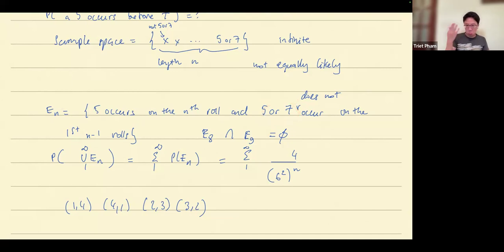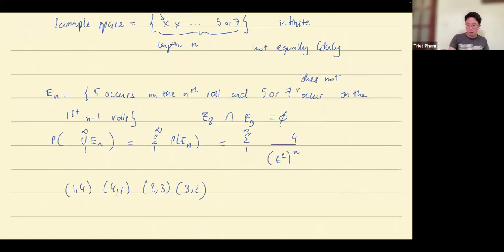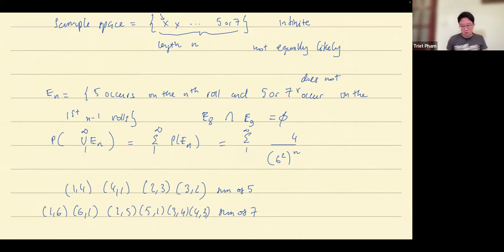How many can that be? Well, a sum of 7: you have 1, 6, 6, 1, 2, 5, 5, 2, 3, 4, 4, 3. So there are 6 ways. So 6 plus 4, there are 10 ways total to get a sum of 5 or 7. So there are 26 ways total to not get 5 or 7. So that's 26 raised to n minus 1.